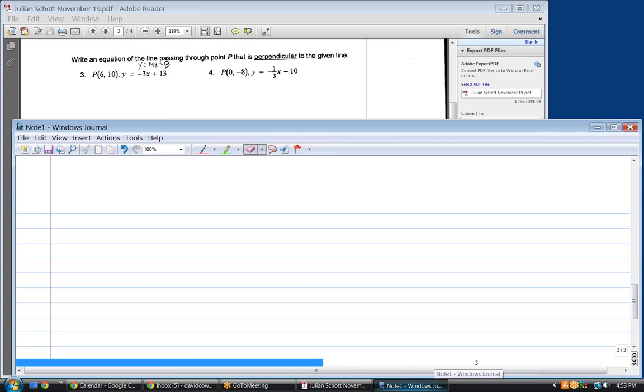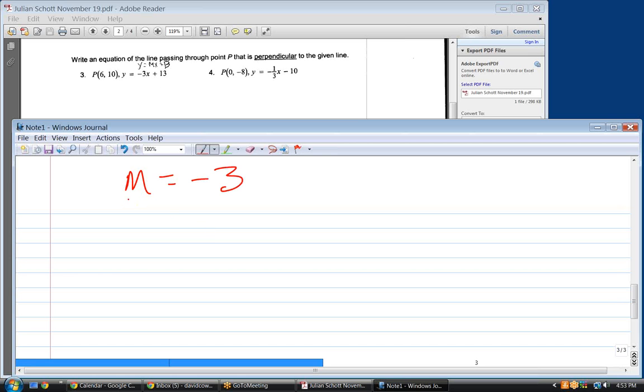So write an equation of the line passing through that point that is perpendicular to the given line. What is the slope of the given line? 13. No. If y equals mx plus b and m is the slope. Minus 3. Minus 3?